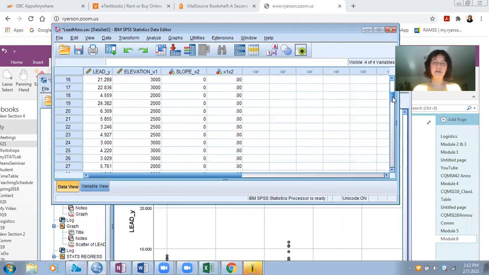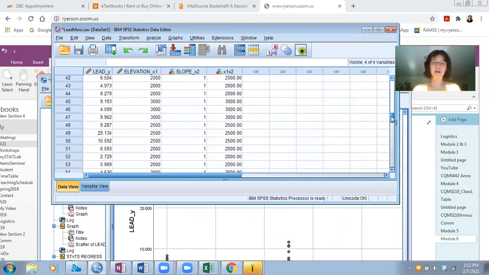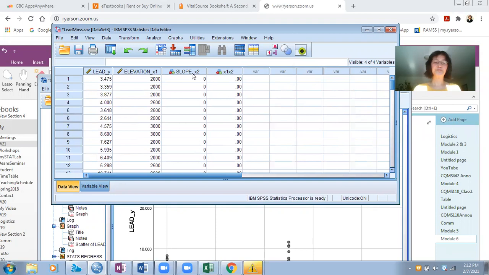Let me double check. Yes, that's correct. Maybe I want to change those numbers into scale. Actually, it doesn't matter. I will do as it is now. If something happens, I may need to change this one to scale. So now I have my x1, x2, x1 times x2.